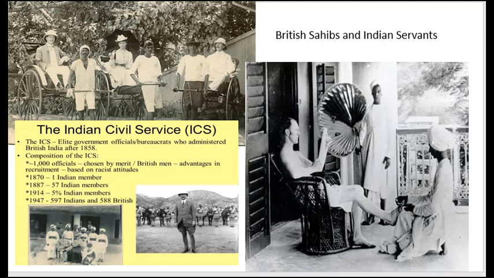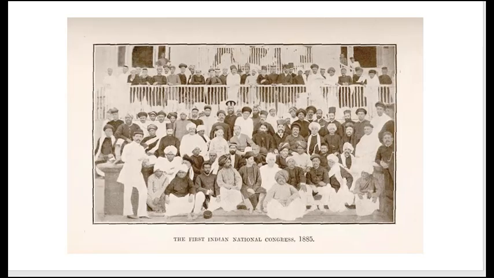In a sense, the British were sowing the seeds of the destruction of their own rule in the 20th century through this educational system that they set up to create a class of people who they could use to exploit India better.